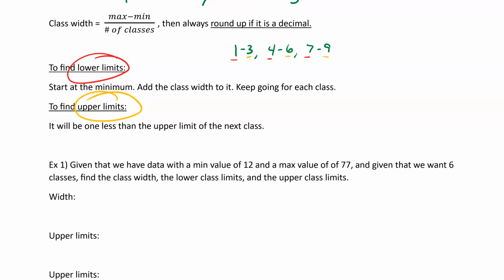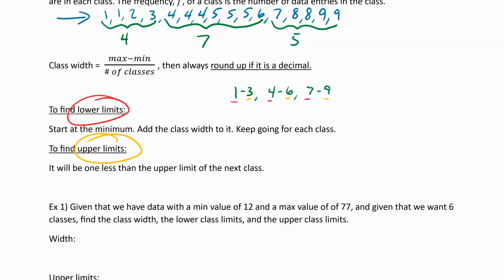So to find the lower limits, what you do is you start at the minimum and you just keep adding the class width to it. So like, in this example that we were just doing, the minimum was 1. Our class width was 3.